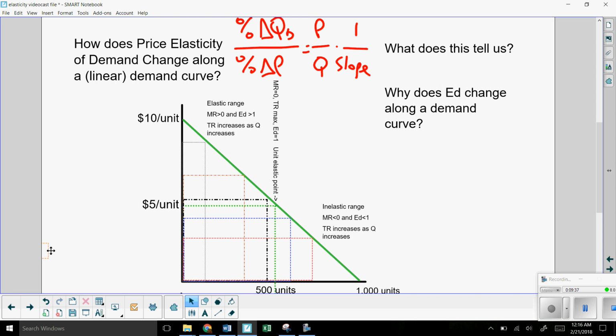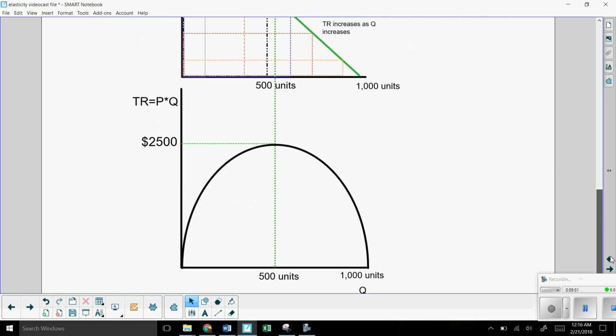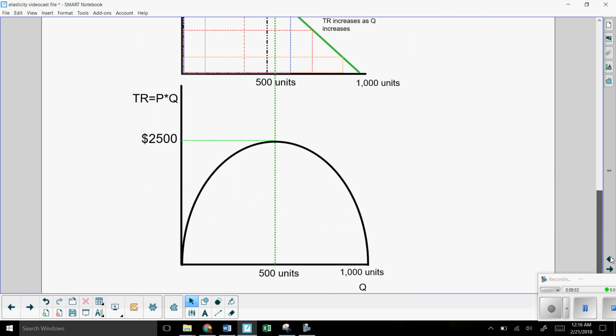So you can see here that box is getting smaller. And of course, if I decided to sell 1,000 units and charge a price of 0, you can do the math multiplying those out pretty easily, and you can tell that I would have no total revenue at all. Well, let's map out what that total revenue would look like for every quantity.